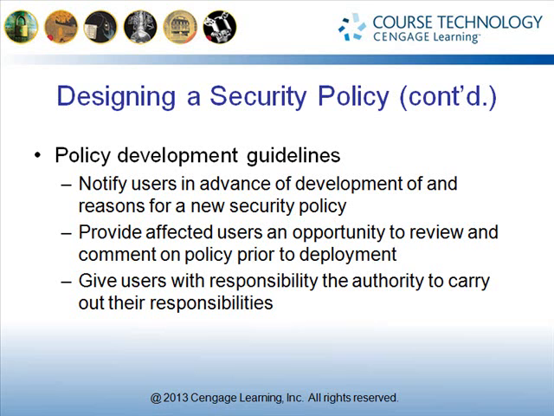Before it's deployed, users have a period of time in which they can look at and review the policy, provide their input. And it will allow users, given responsibility in a policy, the authority to carry out those responsibilities.